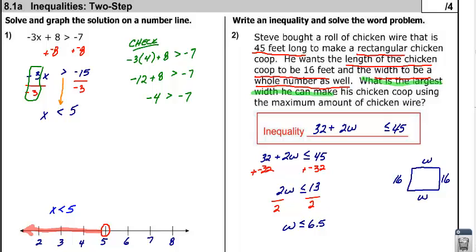Well, we can't make the width any bigger than 6.5, so in this case, the width is equal to 6 feet. That's our final answer for the width. Notice it's not less than 6 feet or less than or equal to 6 feet. They want the largest width we can make. In this case, the largest width is 6 feet.